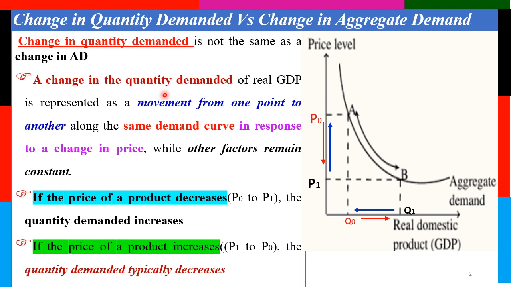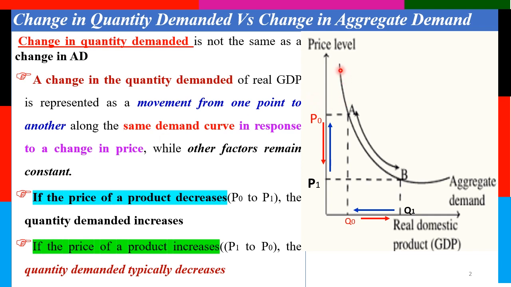A change in the quantity demanded of real GDP is represented as the movement from one point to another along the same demand curve in response to the change in the price, while other factors remain constant.